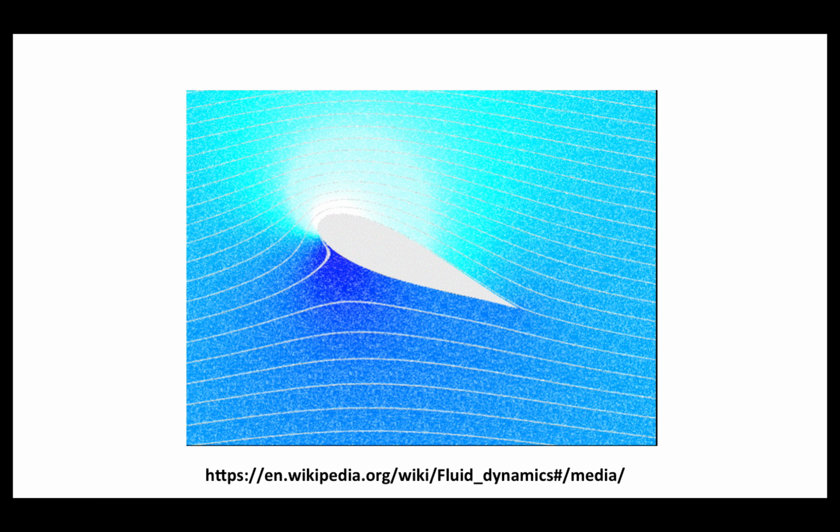This area here under the wing, where the blue is very dark, represents a high static pressure and a low dynamic pressure, meaning that the fluid is flowing relatively slowly under the wing. But up here we have a very small static pressure and a larger dynamic pressure, indicating that the fluid is flowing faster over the top of the wing.